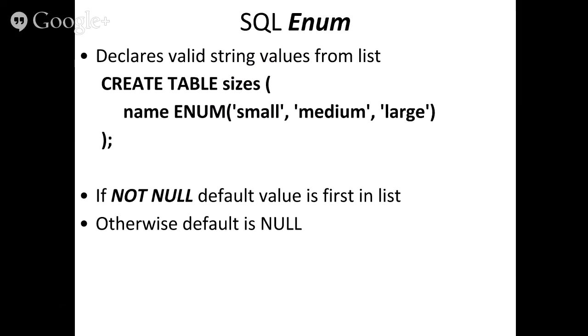So enumerated data types allow you to have the same thing for strings. I want the value of this string to be taken only from this approved set of values. Most databases support what is called an enumerated data type. It's not a varchar. If I say varchar, I can put anything in there.